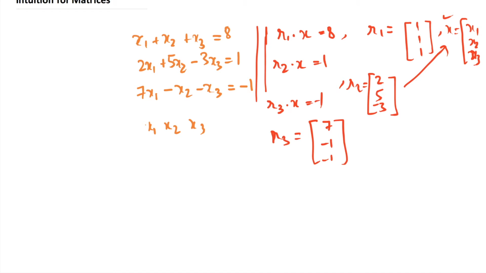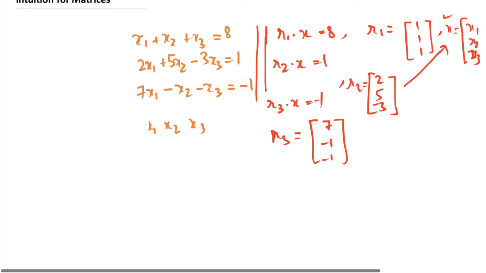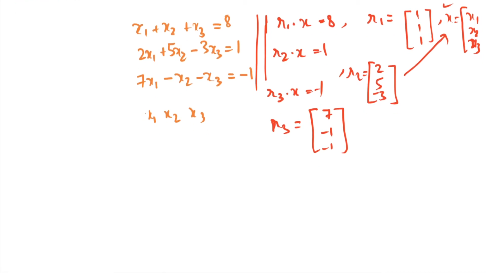In fact, later on in this unit we will also see that the above system of equations can be represented by a single compact equation of the form Ax is equal to b. Here A will be equal to the coefficients of x1 x2 x3 in the equations.